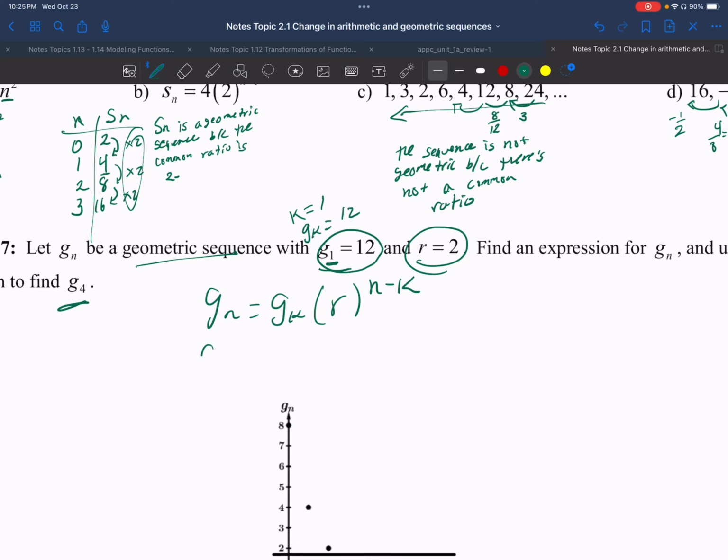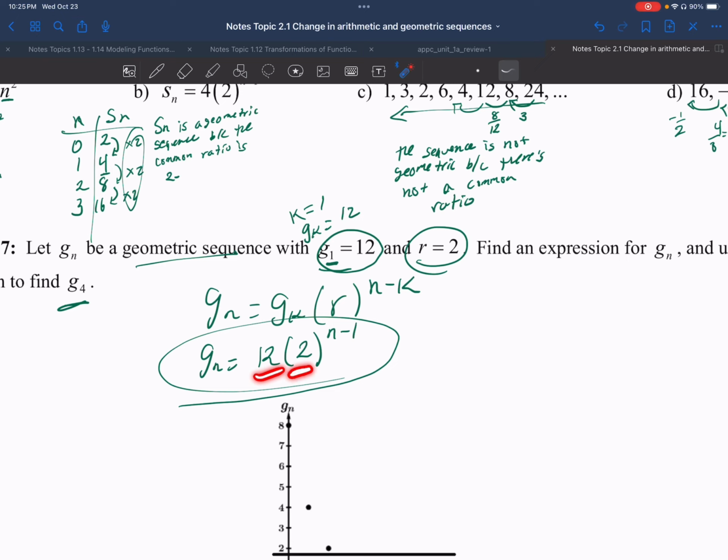So now I'm just going to plug in g of n equals g sub k, which is 12, times my common ratio, which is 2, to the power of n minus k, where k is 1, so that's just that. The good thing about geometric sequences is that you don't have to simplify. Never multiply these two numbers because this number has an exponent. Once you distribute the exponent, you can multiply them. But when you're looking at the equation, those numbers should never be multiplied.